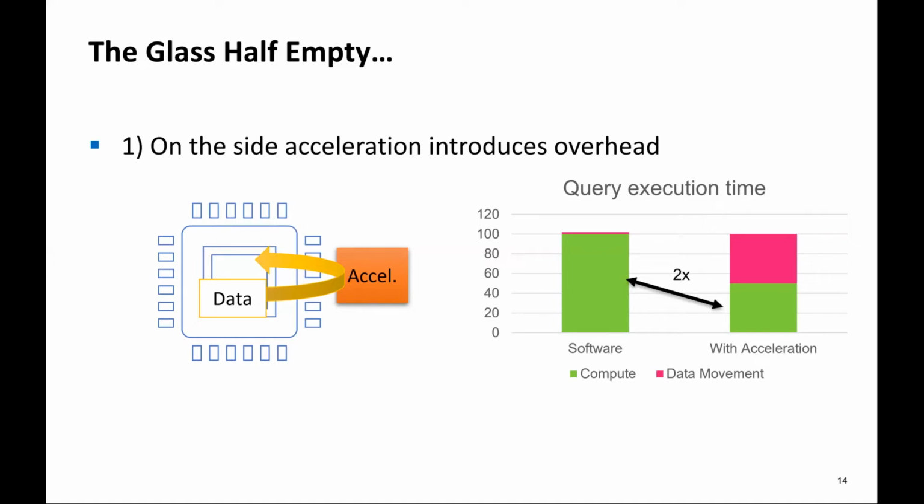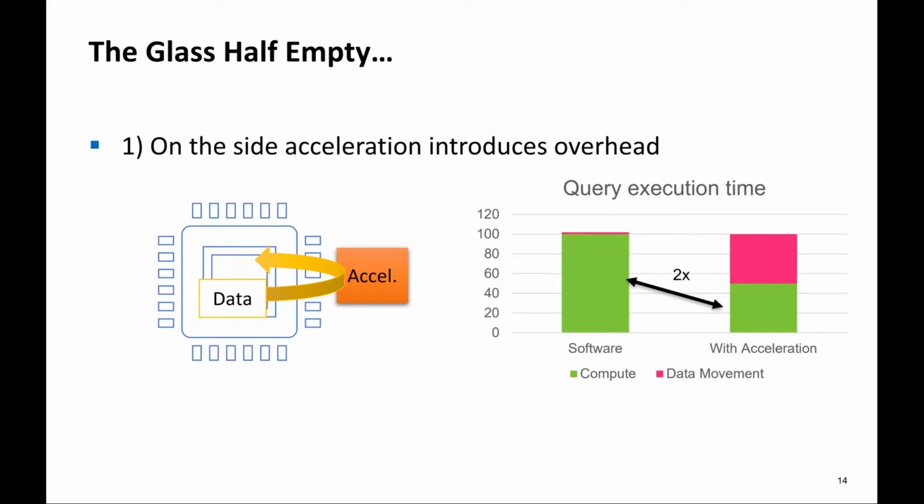So one issue is that people often look at FPGAs or other accelerators and say, I have an idea for making an operation go faster, and we'll deploy it as an on-the-side accelerator. The ugly truth here is that even if you reduce your compute by, for instance, 2x or 5x, you're introducing other overheads that didn't exist before.